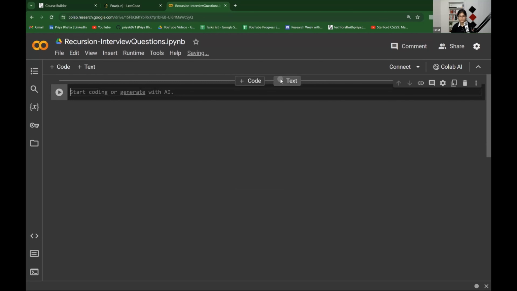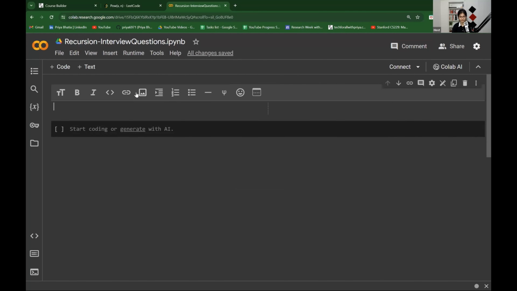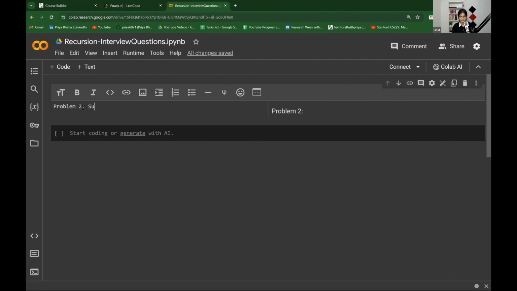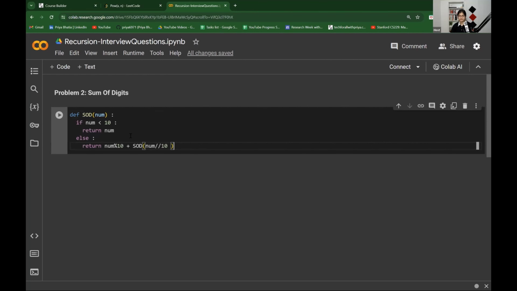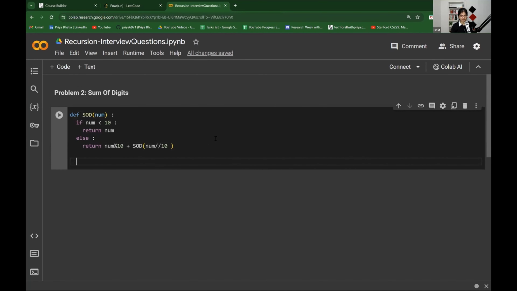Okay, so problem number 2 of today's session is sum of digits. I'm just copying it down. This is the code written by Yashasvi. Even Pawan has also written, it's correct. So basically, let me just fill it firstly.